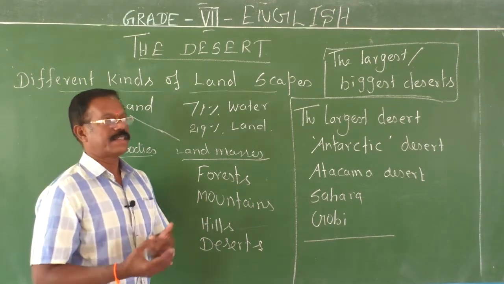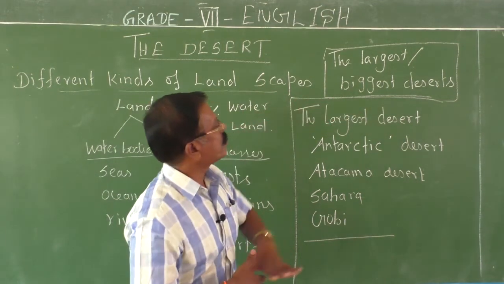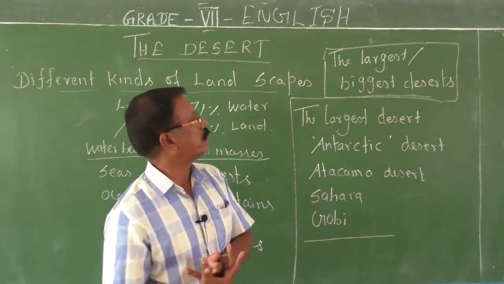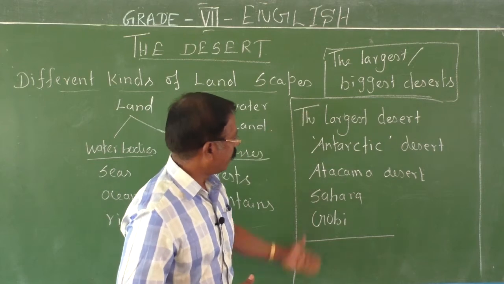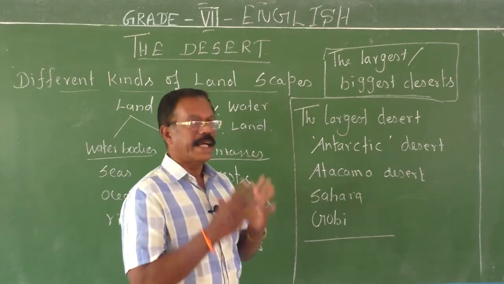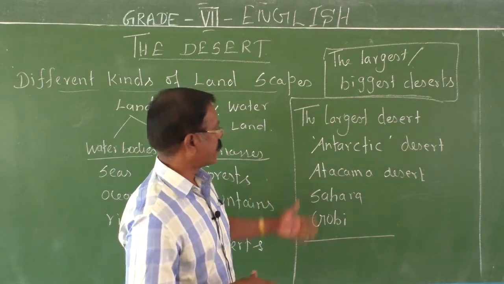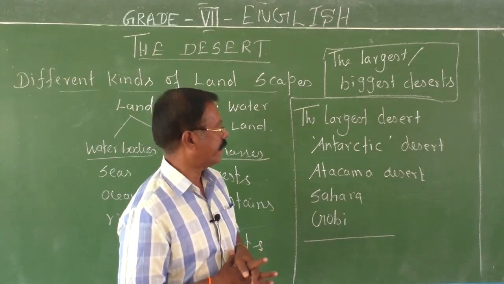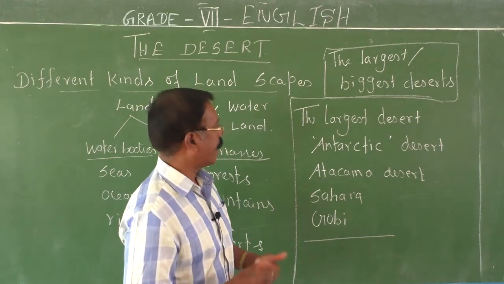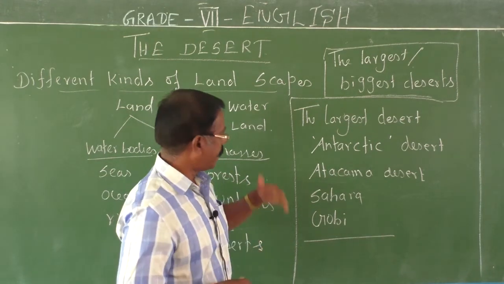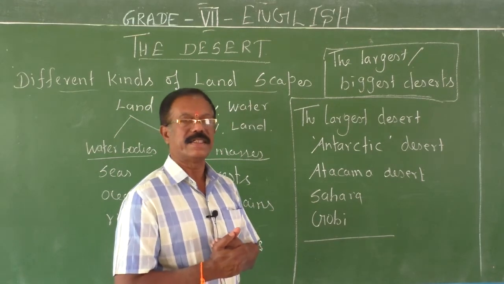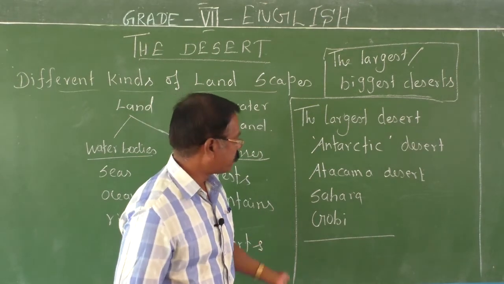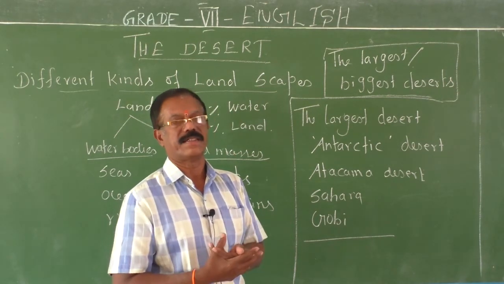Okay children? See, the largest and the biggest deserts in the world, I want you all to know such things. I have given you the names of the deserts in such an order. The largest desert in the world is the Antarctic desert, followed by the Atacama desert, the Sahara desert, the Gobi desert, and all other deserts which you know, like the Thar desert.